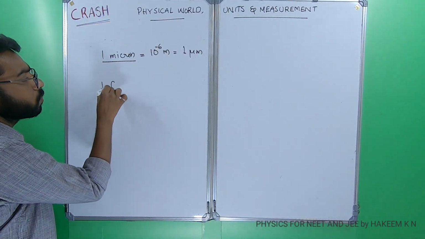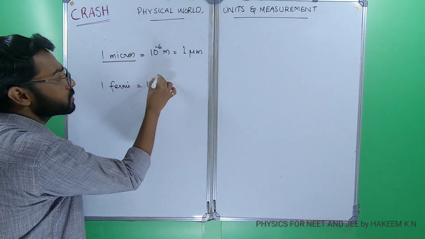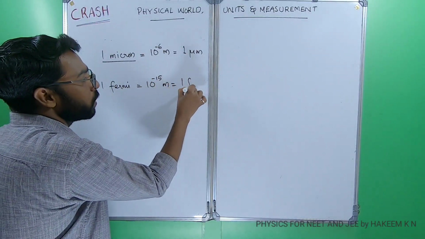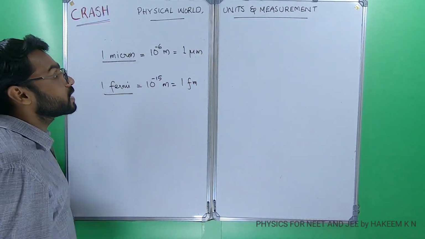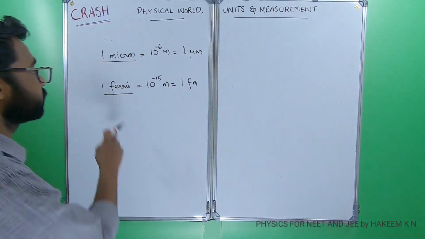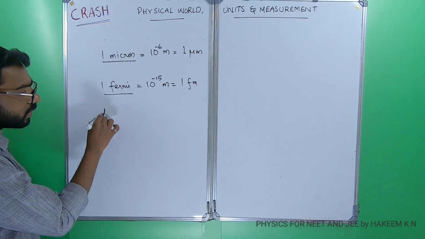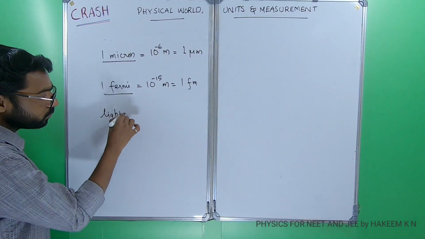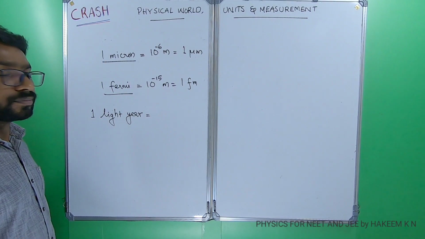There is one more, 1 Fermi. Fermi is 10 power minus 15 meter or 1 femtometer, 1 fm. So Fermi is a special unit of length. Like that we can say light year. 1 light year.